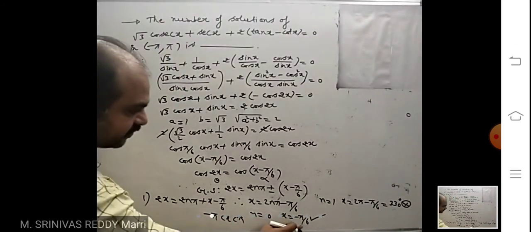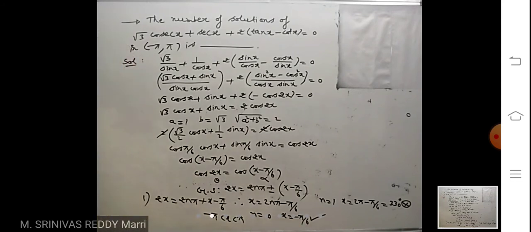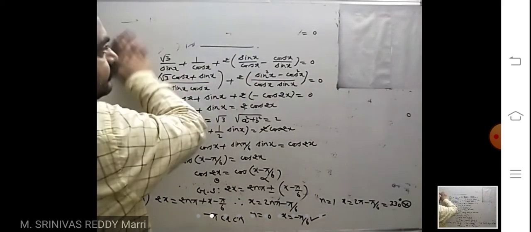Therefore, only one solution, that is x equal to minus pi by 6. So for this equation, if you take plus here, you will get only one solution. Now let us take minus.